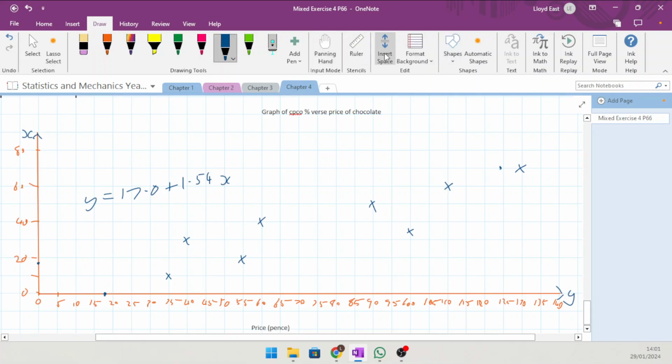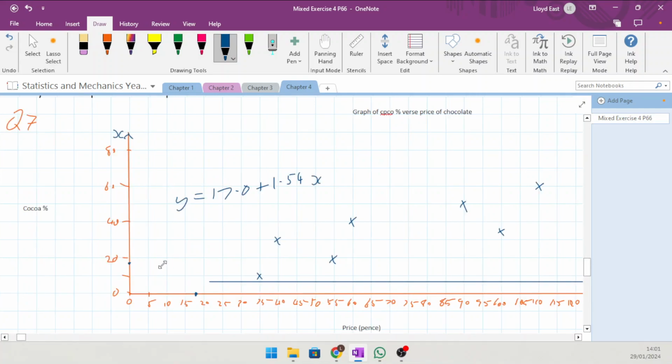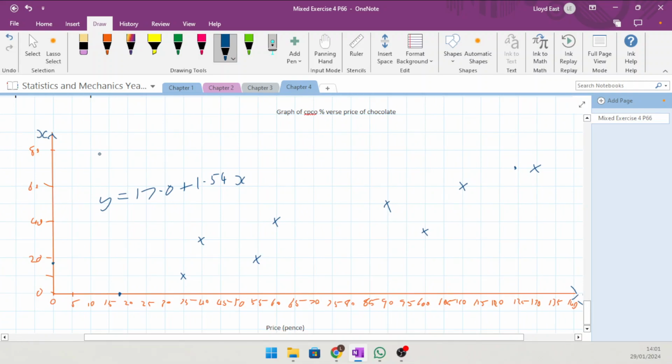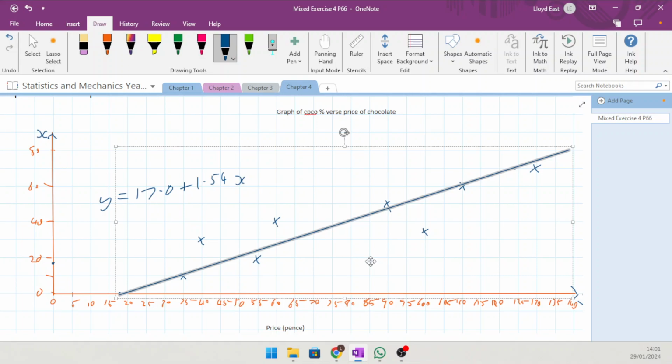Okay, so let's draw this regression line in now that I've got a couple of points for it, starting on the 17. Software's going crazy on me. And there it is. Okay, bearing in mind that whole graph should be the other way round in terms of the x and y axis, but I've just switched it.